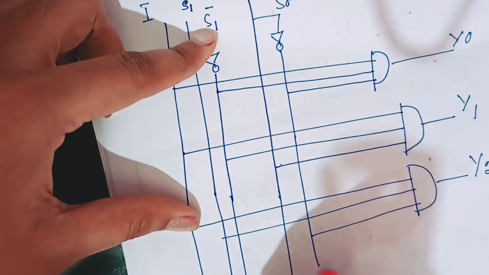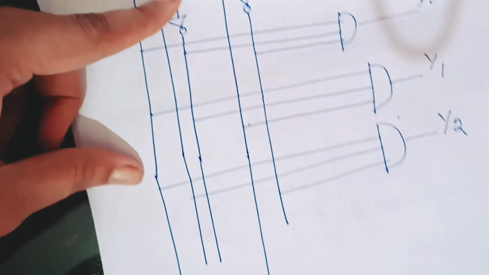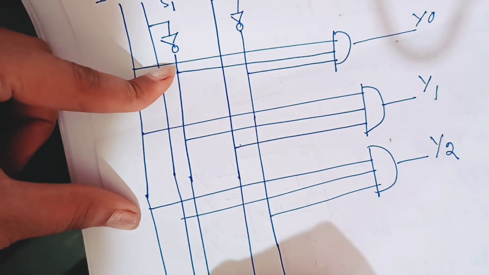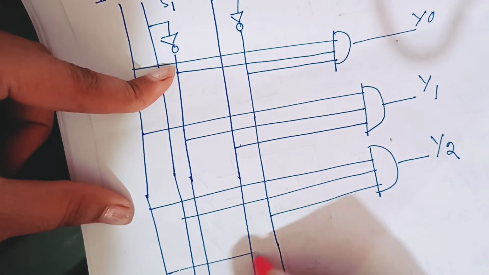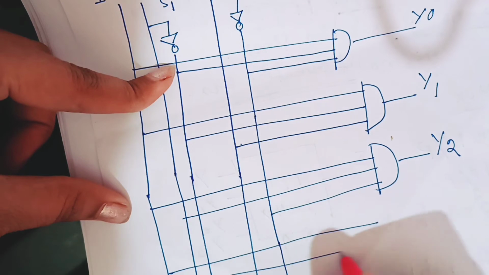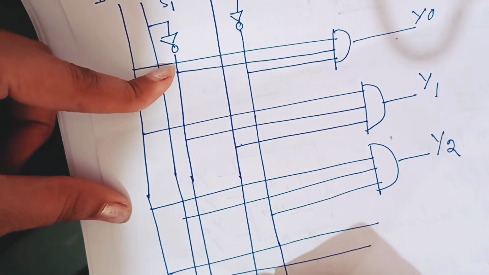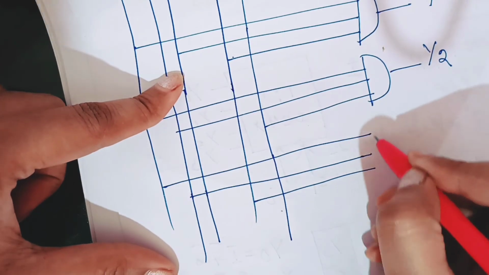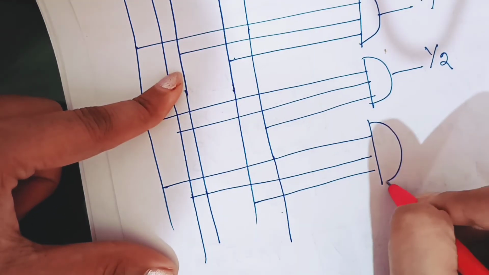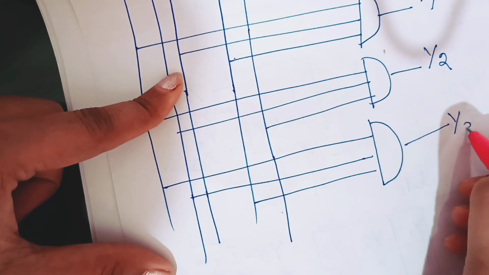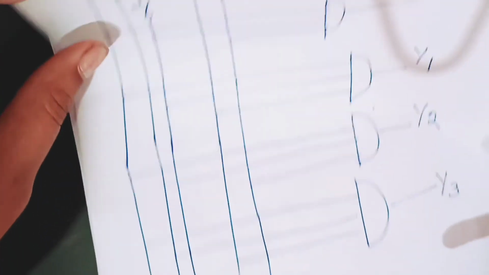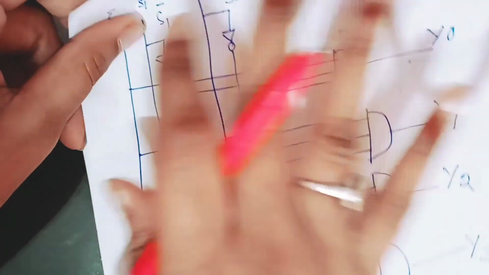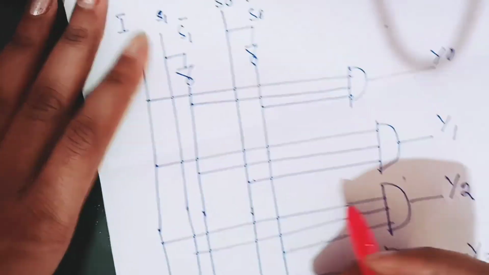Then the third is I S1 S0, and we get Y3. Clear?